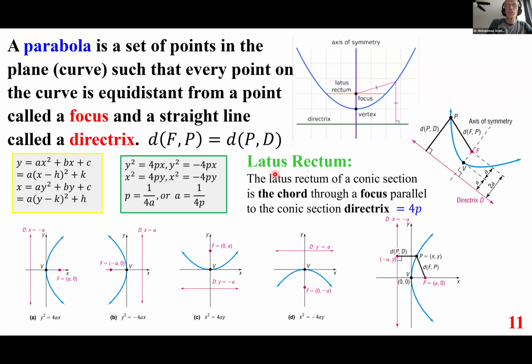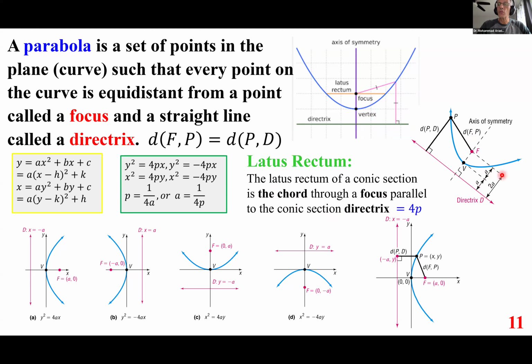Latus rectum, as was mentioned, the latus rectum of a conic section is the chord, the line segment through a focus parallel to the conic section directrix, and it's equal to 4p. It's easy to see that if you look at this distance is p, this distance is p, they're going to call it a.